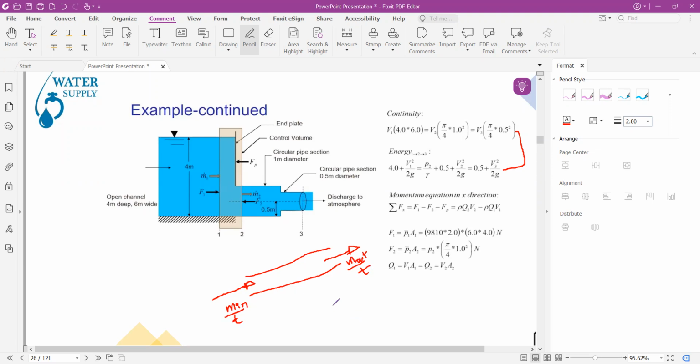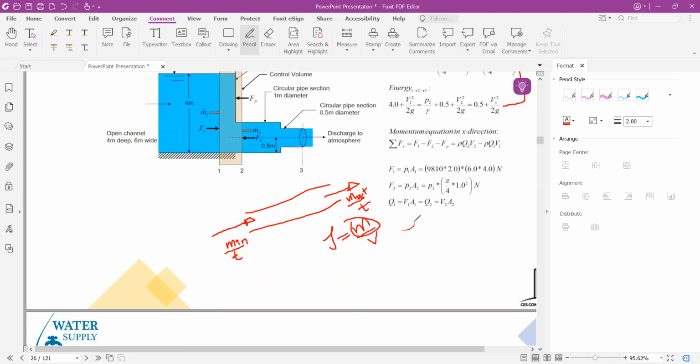As we know, density is equal to mass per unit volume. By putting the equation of M into this equation, we get rho V over T, and we know that V over T is Q, the flow rate, the volumetric change per unit time.